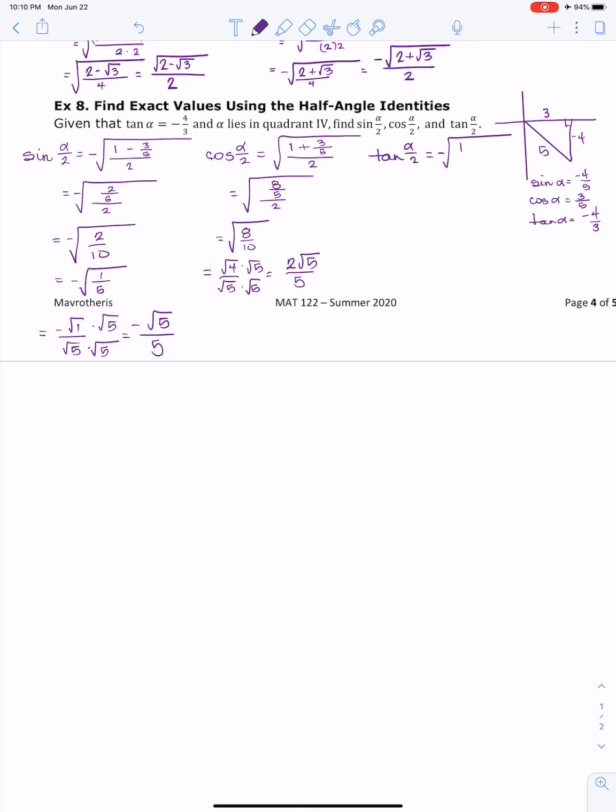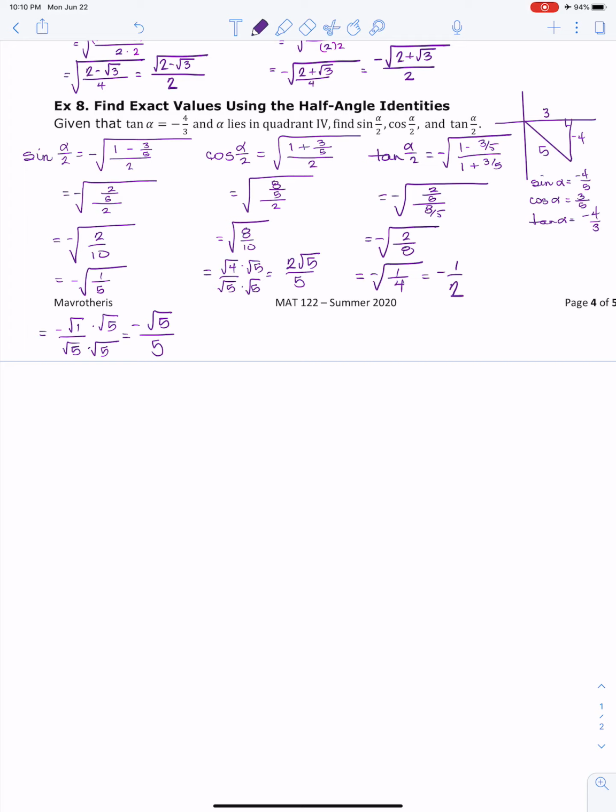I have got 1 minus cosine, which is 3/5, over 1 plus the cosine, which is 3/5. Negative square root of 2/5 over 8/5, which is the negative square root of 2/8. Negative square root of 1/4, which becomes negative 1/2.